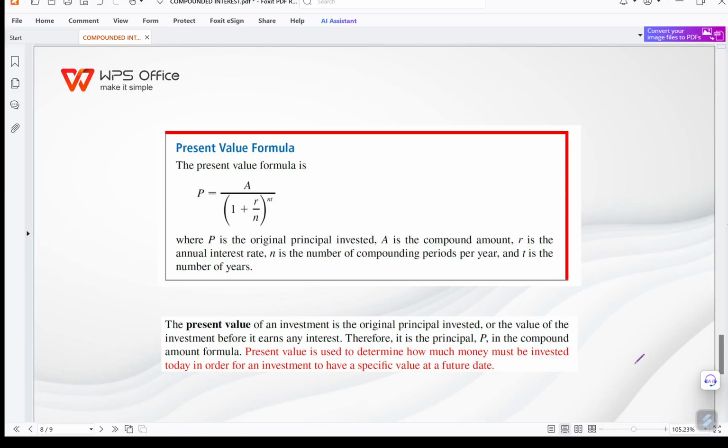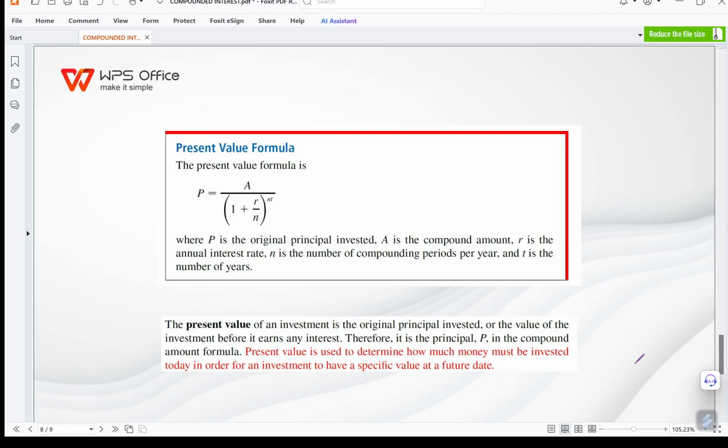And here, next, you need to know the present value formula. The present value formula is like how much money should you invest to get something. This is given by a somewhat complicated algebraic equation.